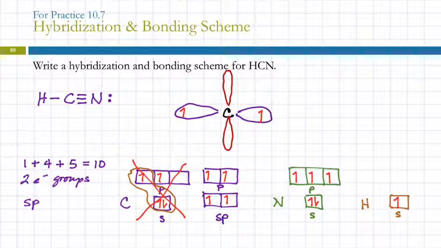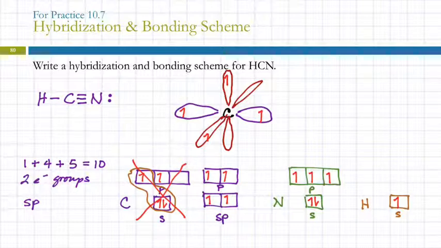So that p orbital has an electron in it. And then there's another one kind of going in and out of the page, the screen. And that also has 1. So these are the p orbitals, and then I have 2 hybrid orbitals. You with me?